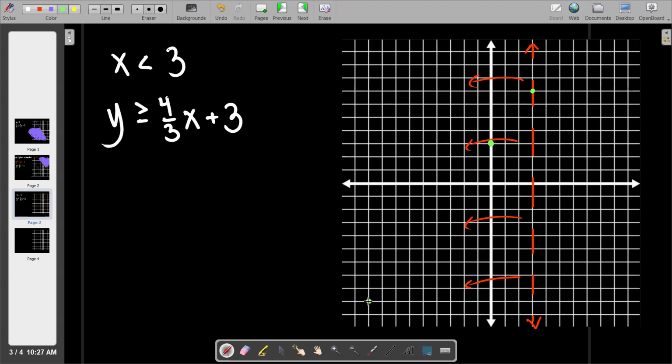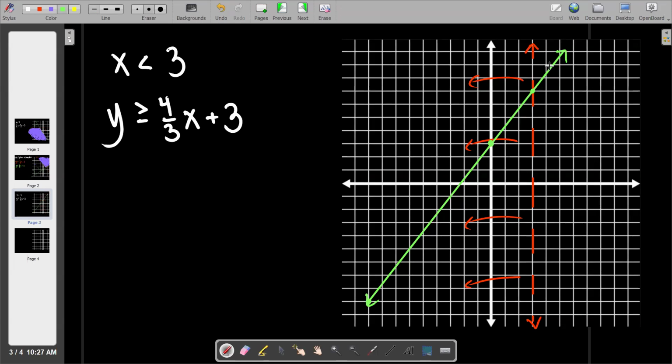You don't have to graph every point along the way. You just have to make sure you have a couple that are at least a couple miles apart so that your line connects with every point in between. That's the key. Solid or dotted? Solid. I like it when they're solid. You probably do too. Maybe you don't. I don't know.